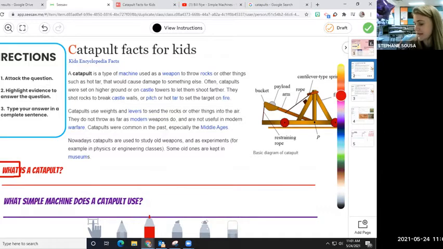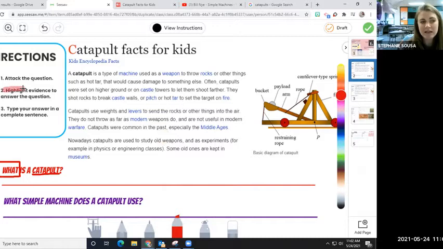We are attacking the question. It is not optional. It is required. It is in the directions. What is a catapult? We're going to look for the word catapult inside of our answer. Okay? Let's go ahead and start reading. Here we go.